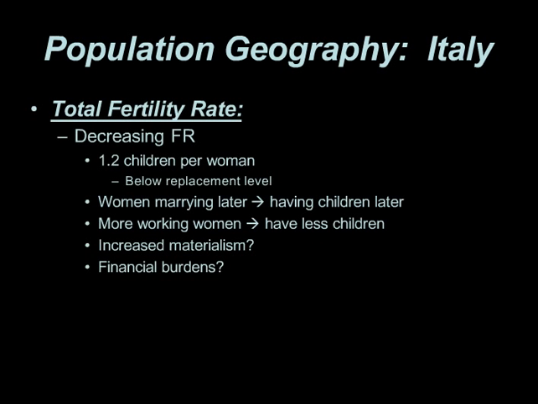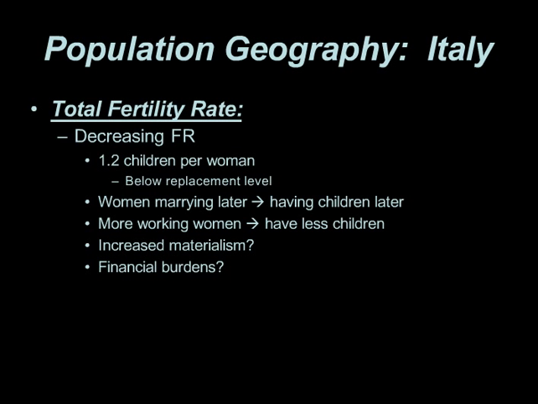And finally, in Italy, we have a fertility rate decline. For every mom and dad to replace themselves, they would have to have 2 children, and with Italian women having 1.2 children in their lifetime, it's much lower than the 2 necessary to replace. So that's going to cause a decreasing population if there's no immigration.